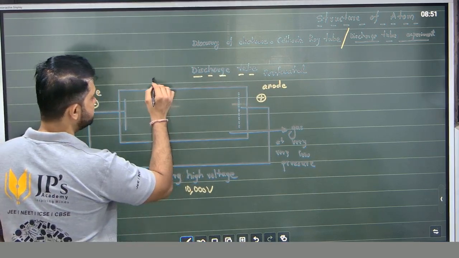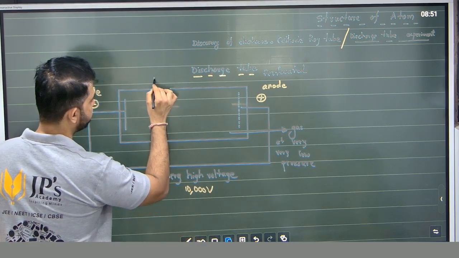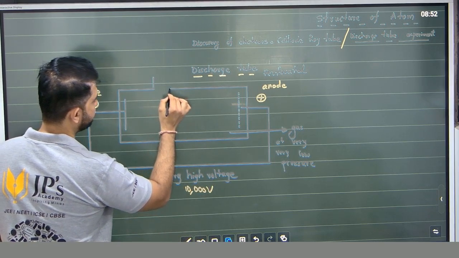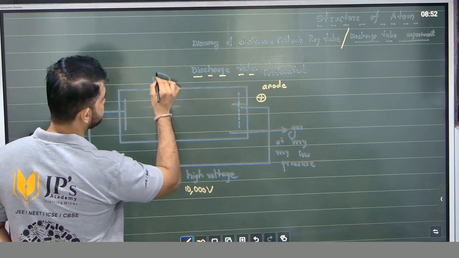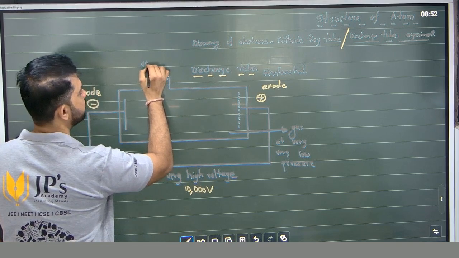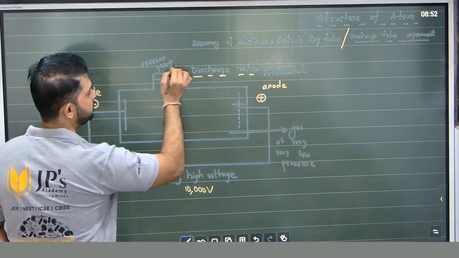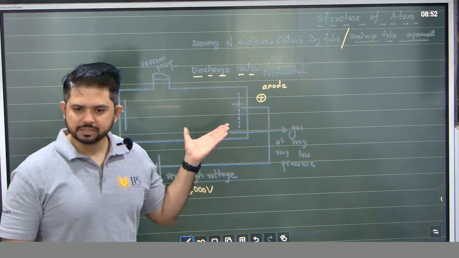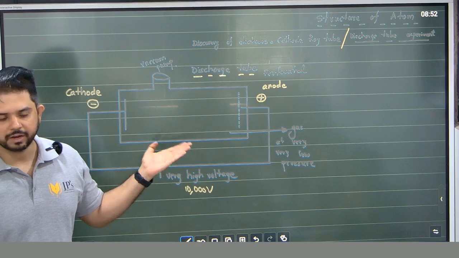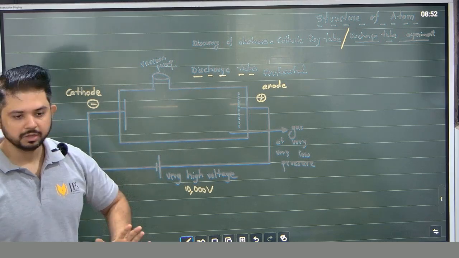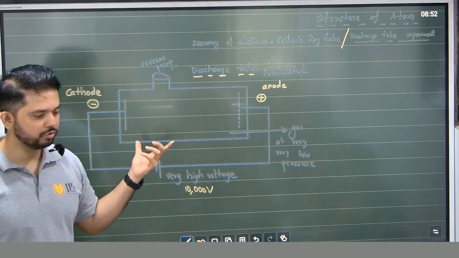It is connected to a vacuum pump. The pressure is extremely low, इतना low कि almost it is near vacuum. Gas at very low pressure, very high voltage is applied.